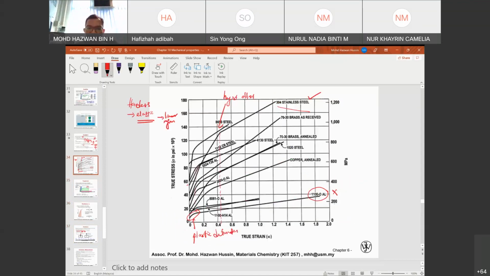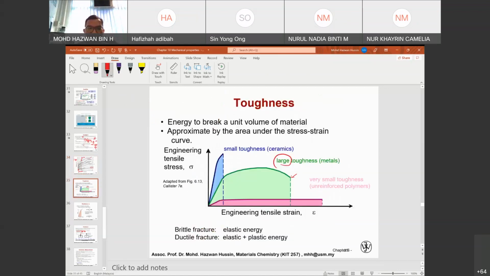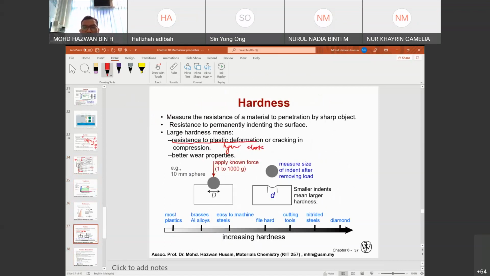So kalau dia memang betul linear saja naik macam tu without any bending or what, then that is actually the hardest material. Normally hardest material will be for little sample lah. Okay.